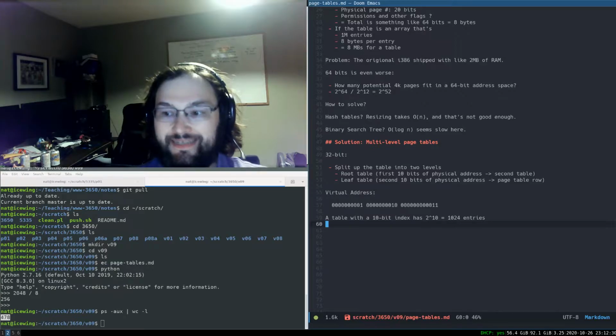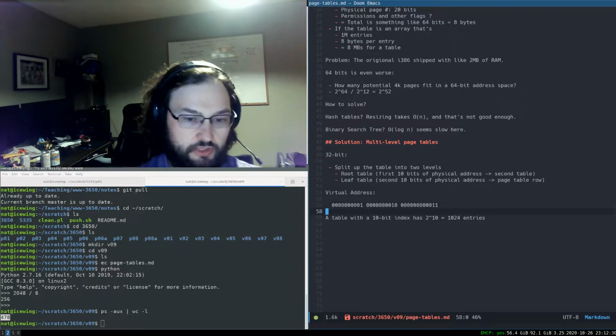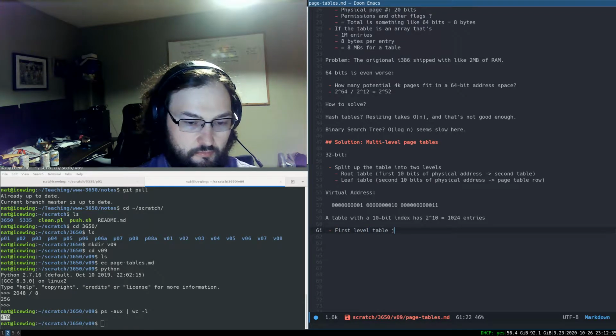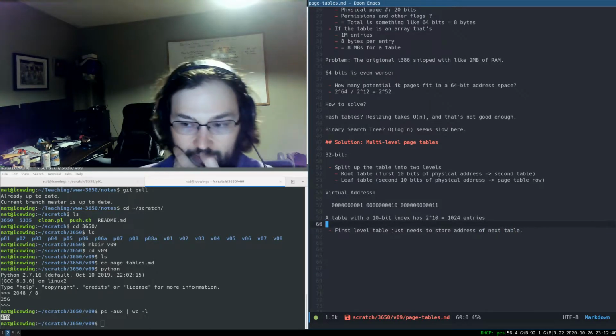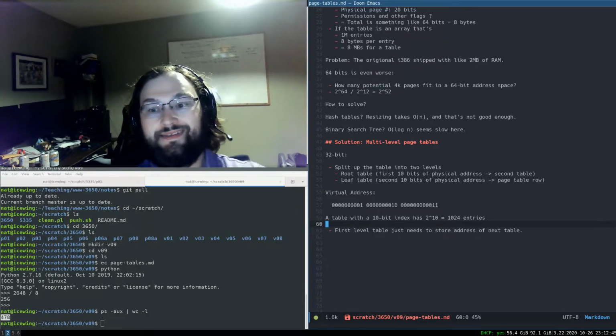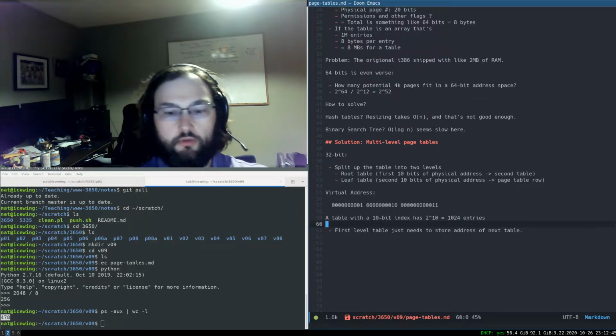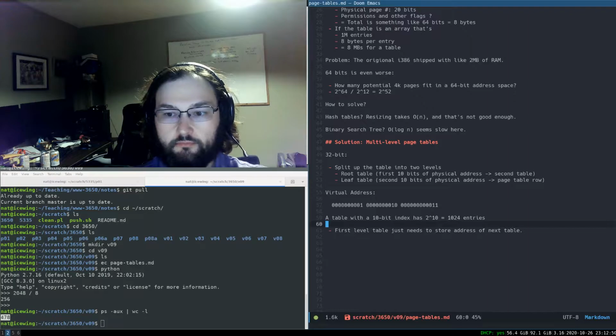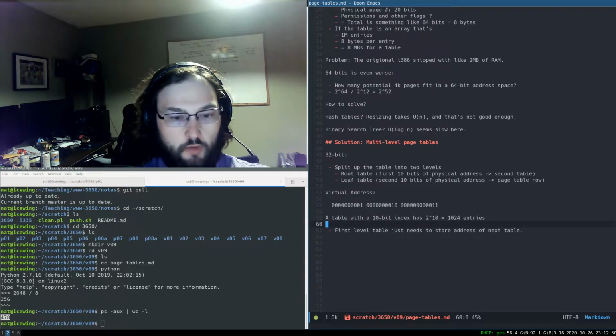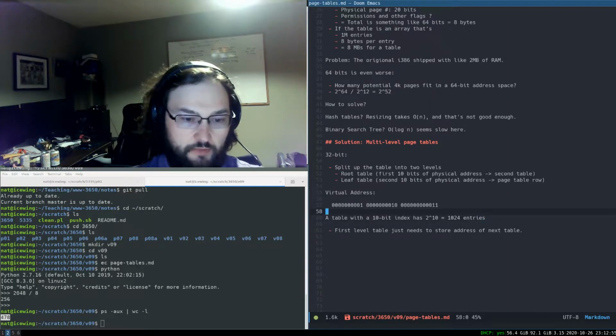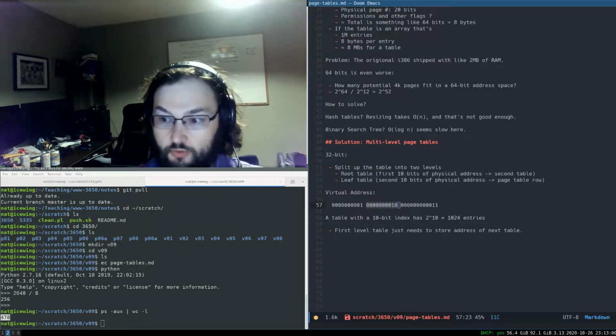And all we actually need to store in this first level table is a 20-bit memory address. We could just store a 32-bit memory address in it, which is where the next table is. So once we find the next table, we're going to use the second 10 bits to index into the next table.